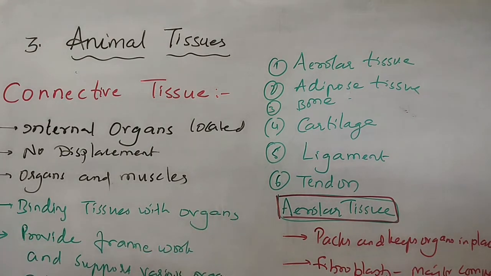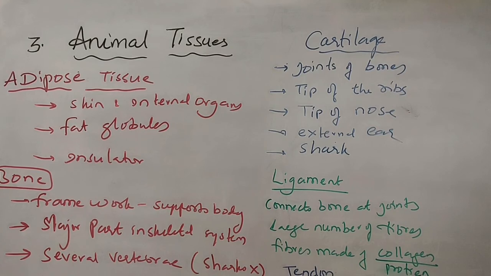After the areolar tissue, we'll go ahead with the adipose tissue. Adipose tissue is the tissue which you can see next to the layers of the skin. The skin has several layers and one of the tissues is adipose tissue.